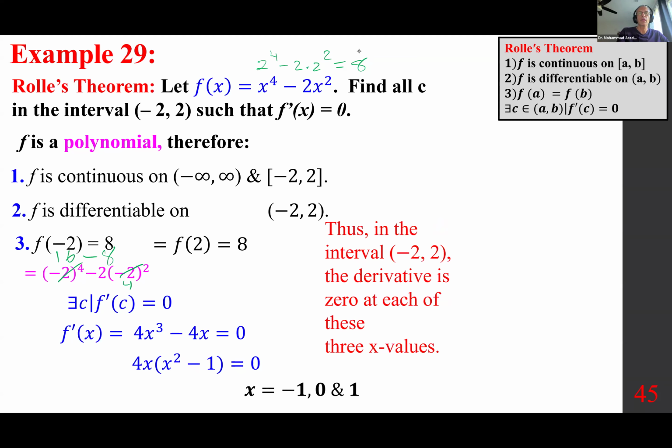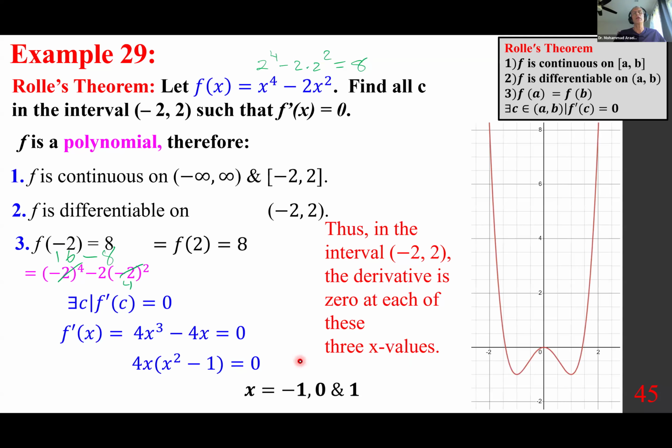Thus, in the interval from -2 to 2, the derivative is 0 at each of these 3 x values: -1, 0, and 1. So the graph of f of x equals x to the power of 4 minus 2x squared looks like this. When f of -2 is 8, so is f of 2.